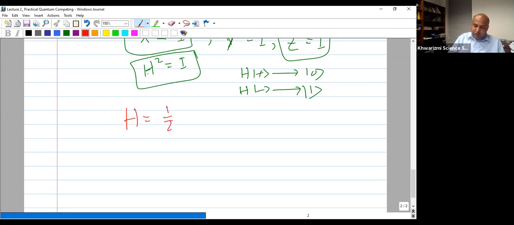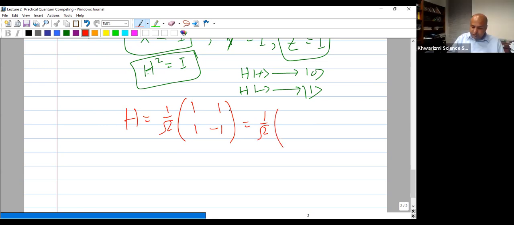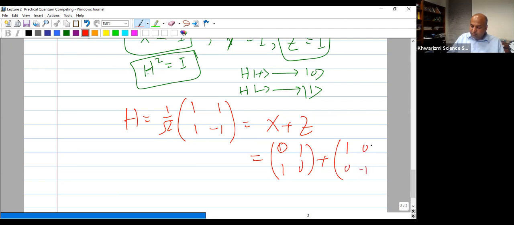Yeah, it's very easy. If we look at Hadamard, which is 1, 1, 1, minus 1, I can write it as 1 over root 2 times X plus Z. This X gate was 0, 1, 1, 0, and this Z gate was 1, 0, 0, minus 1.